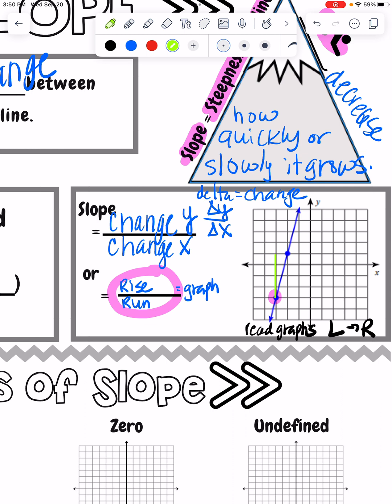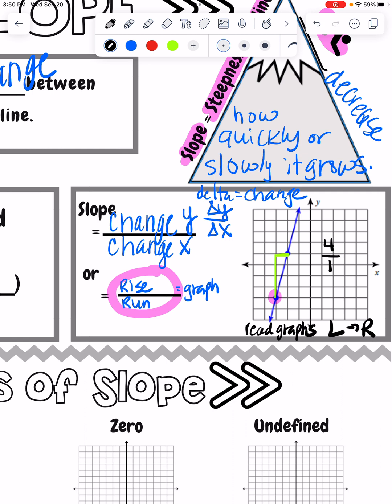And our run is how many squares do we run to the right. So I'm going to go over 1. So our slope would be rise, which we said was 4, over the run, which is 1. So that's rise over run, that's your slope.